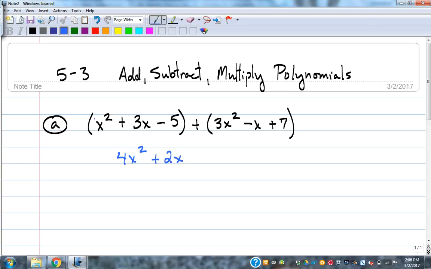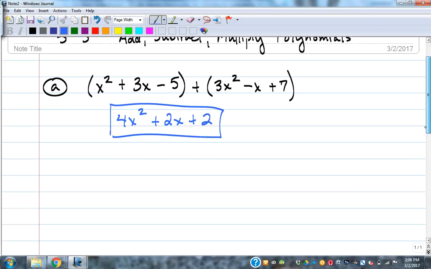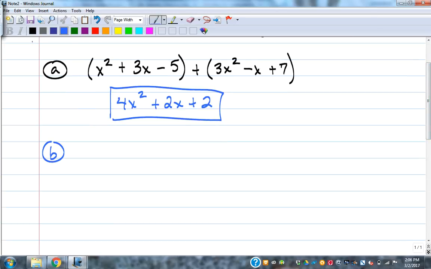Negative 5 plus positive 7, positive 2. And you've added a couple of polynomials. Like I said, you've been doing this for years. You just didn't call it that. You just called it like terms. Same thing. They just get a little bigger.